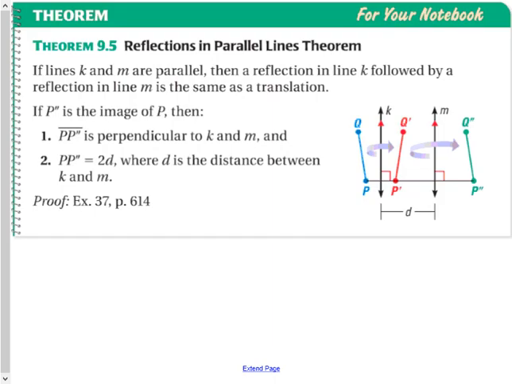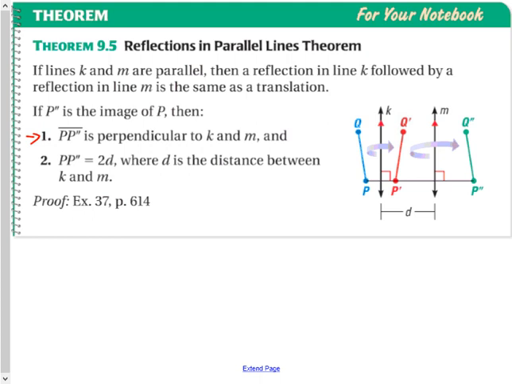Next, if we are doing a reflection once, and then doing a reflection again over a line parallel to the first line of reflection, it is basically the same as a translation of 2D. And here's why. P double prime is perpendicular, because if we are reflecting once, it's a perpendicular bisector.